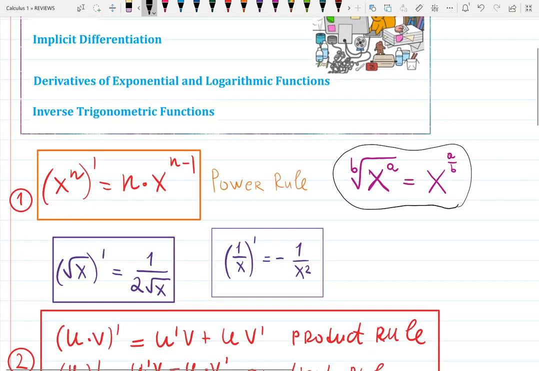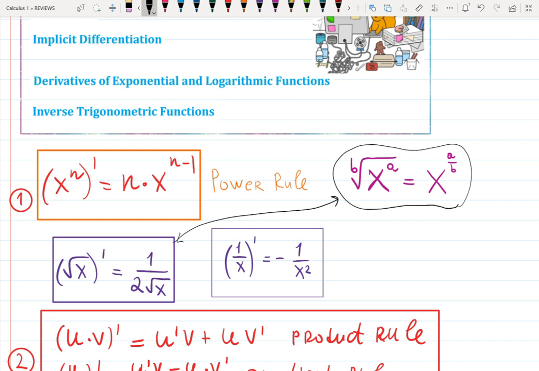Now, some kind of interesting little things. What is the derivative of square root of x? You can either use this rule I just showed and then rewrite it as x to 1/2. Then when you differentiate that, 1/2 goes down and x will be raised to the negative 1/2. Or you can remember it's 1 over 2 square root of x, the same thing.